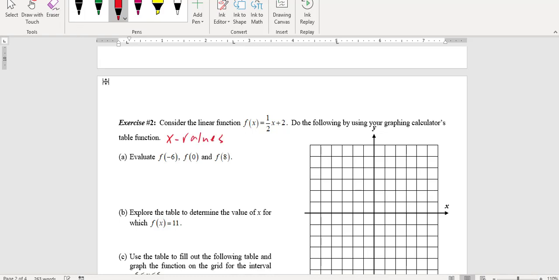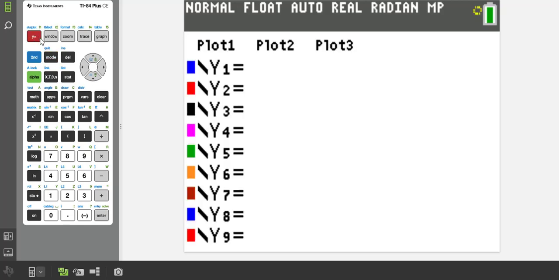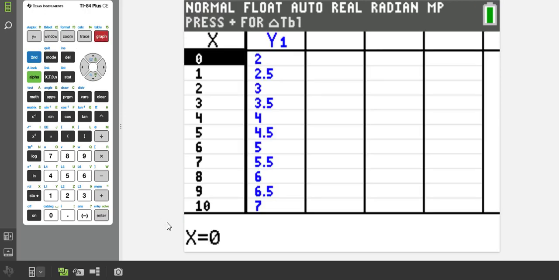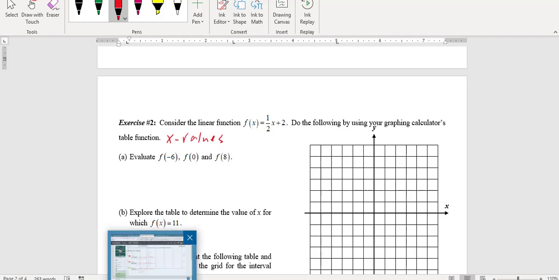Okay, so what I'm going to do is go to my calculator, go to y equals, type in 1/2 x plus 2, and go to my table. When I take a look, they're asking for f of -6. That says x is -6, what is the y value?